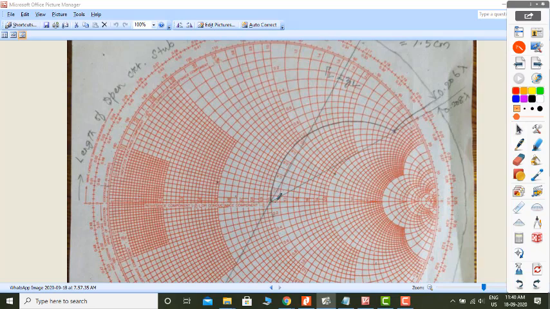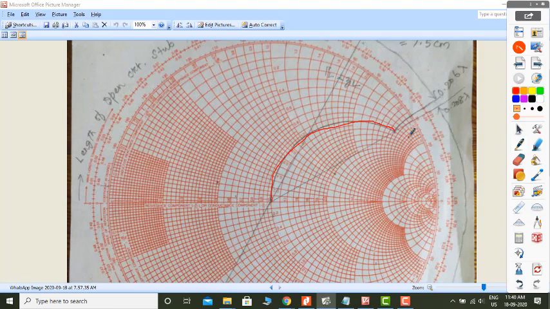The next step is you draw a contour on the unit circle. So this is the contour, you draw it on the unit circle and stop it somewhere arbitrarily. You can stop it anywhere arbitrarily. That's why I tell you this is not a unique solution for the design of the output matching network.